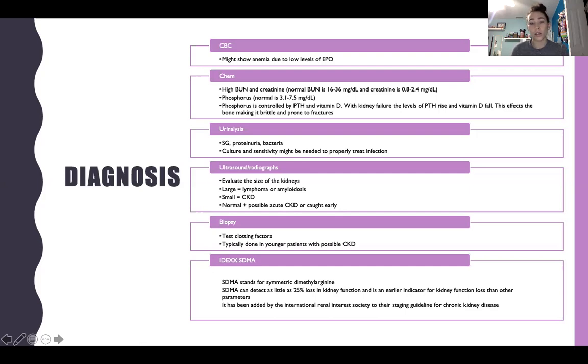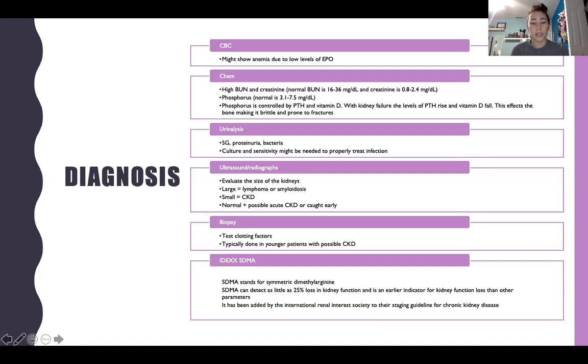Small kidneys are very indicative of CKD. Normal sized kidneys, but with other signs of chronic kidney disease, could mean that you either caught it early or it could be an acute disease process.